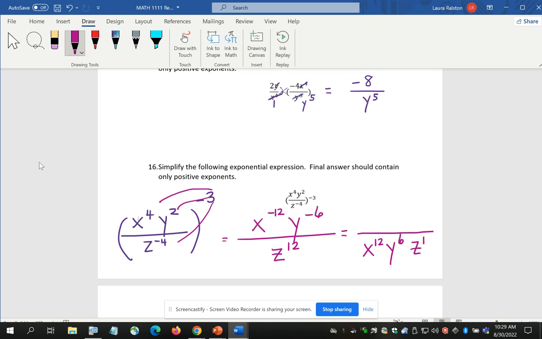Z to the 12th is already there and it's positive. I need a placeholder in the numerator, so we put a 1 as our placeholder. So the answer is 1 over x to the 12th, y to the 6th, z to the 12th. Again, I have all positive exponents. There's no repeat in the variables, and we work it from there.